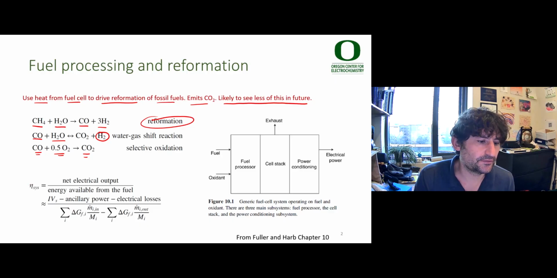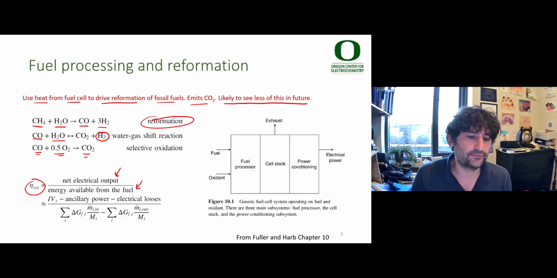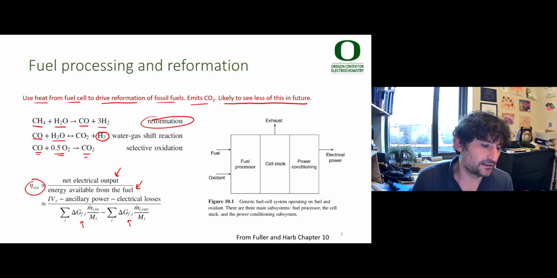So the system efficiency is going to be overall the net electrical output divided by the energy available from the fuel. We'll talk about how to calculate energies. Here we're going to have the free energy of the input fuels times the mass flow rate divided by the molar mass of those species, minus the free energy of the output products divided by the molar mass of the output products.